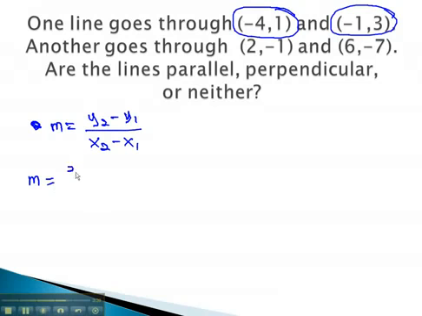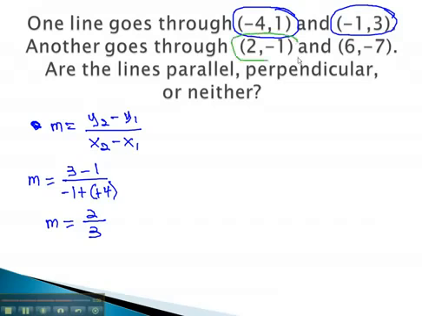So our slope is y2, or 3, minus 1, over x2, which is -1, minus -4. Subtracting a negative is like adding a positive, and so we get the slope 3 minus 1 is 2 over 3. The slope of the first line is 2/3.